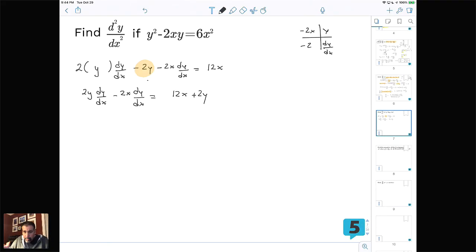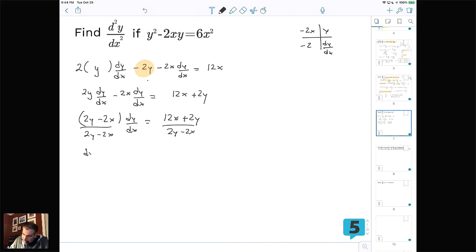All right. So hopefully everyone's feeling good about this. We're going to factor out that dy over dx, which again is the key step here. And that's going to give us dy over dx times 2y minus 2x equals 12x plus 2y. And now we're going to divide both sides by the 2y minus 2x.